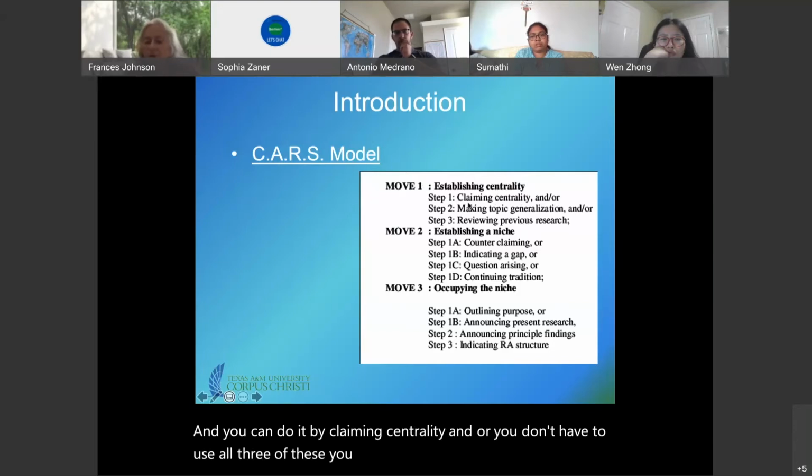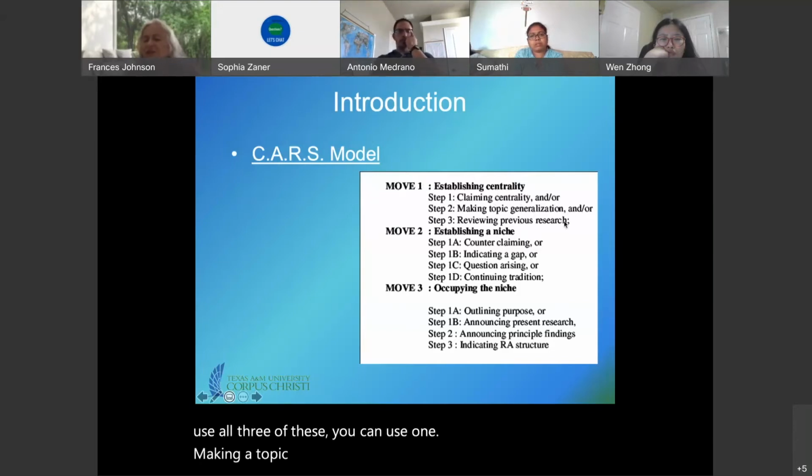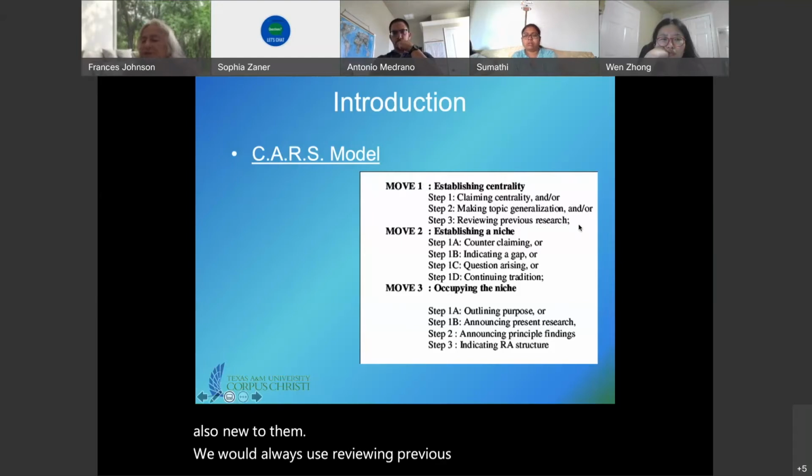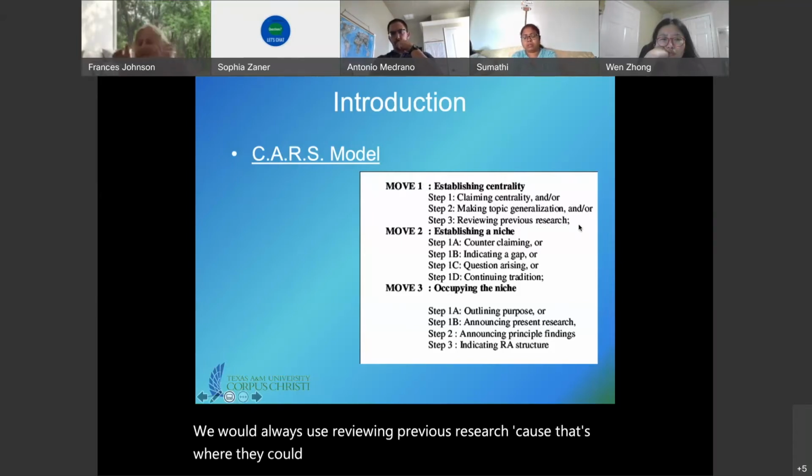You can use one, making a topic generalization or reviewing previous research. And for my freshmen, because they were freshmen and this was also new to them, we would always use reviewing previous research, because that's why they could put a little tiny 3-sentence lit review in there.